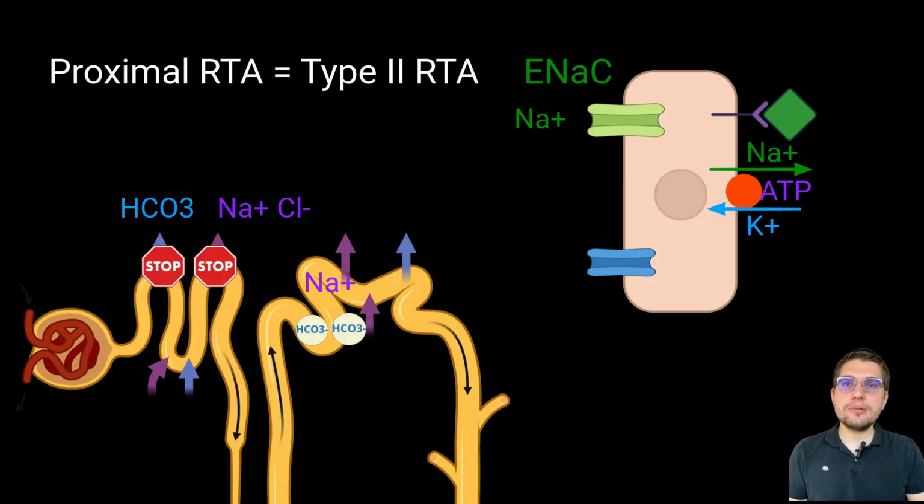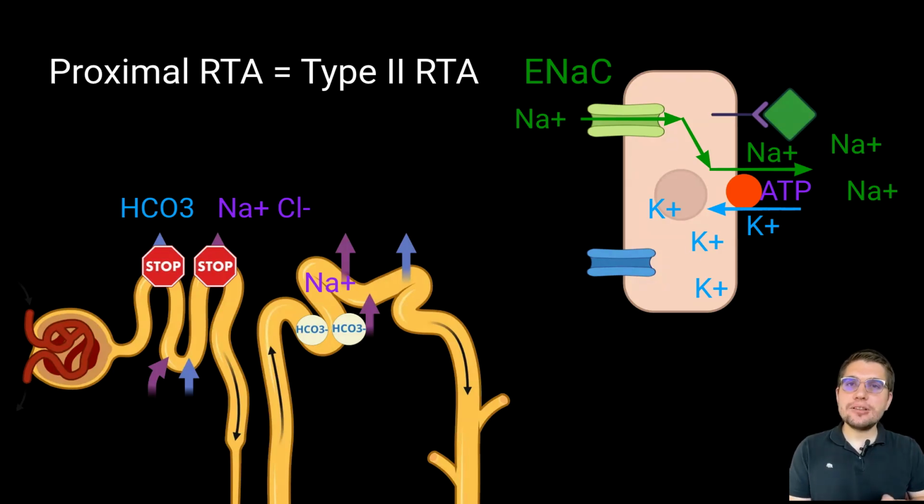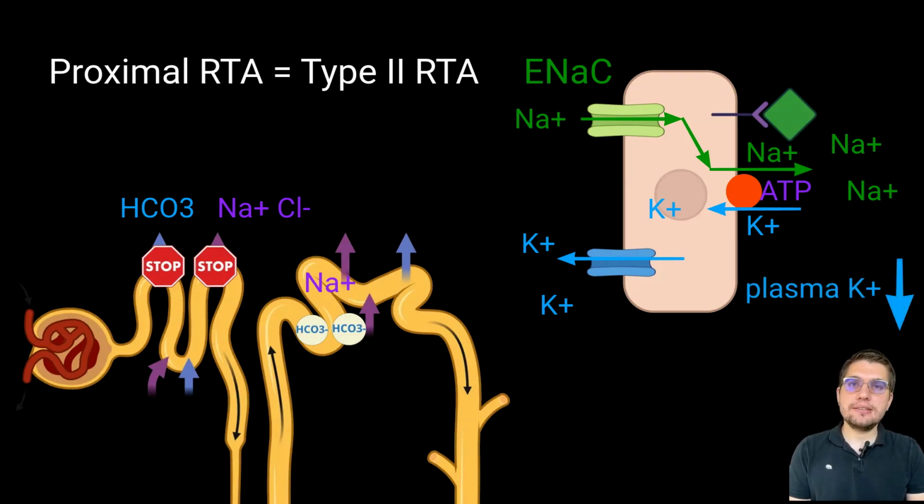This excessive sodium delivery stimulates sodium reabsorption through epithelial sodium channels, increasing the activity of sodium-potassium ATPase pumps on the basolateral membrane of the distal renal tubular cells. This active transport moves sodium into the interstitium and potassium into cells, increasing the driving force for potassium secretion into the urine via potassium channels, resulting in mild hypokalemia.